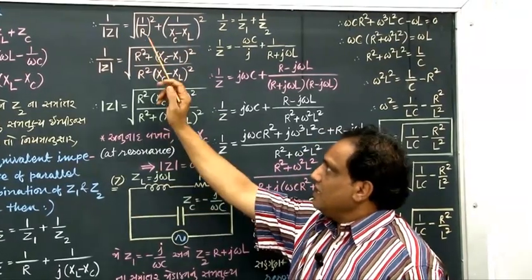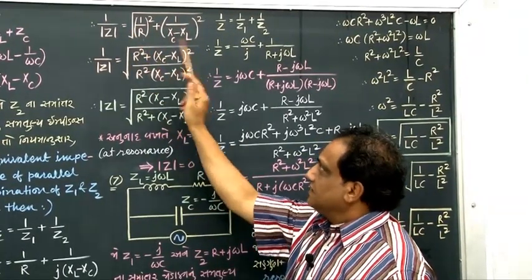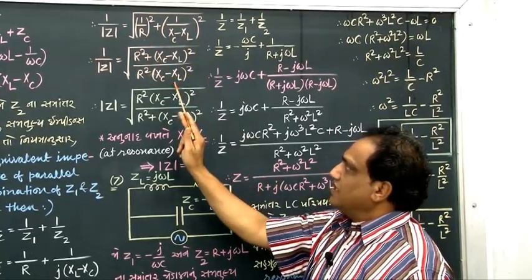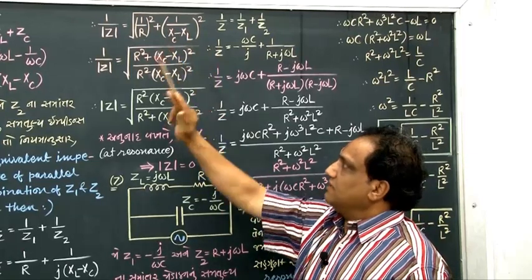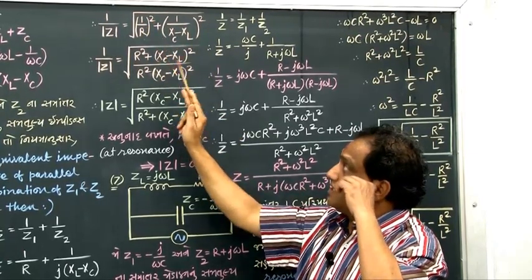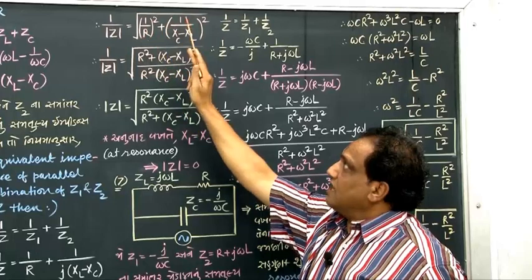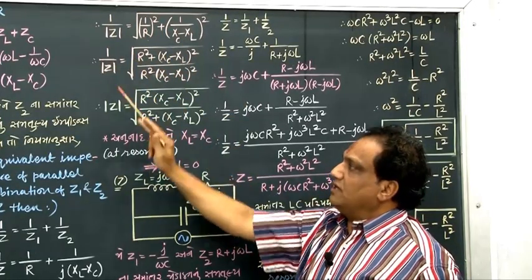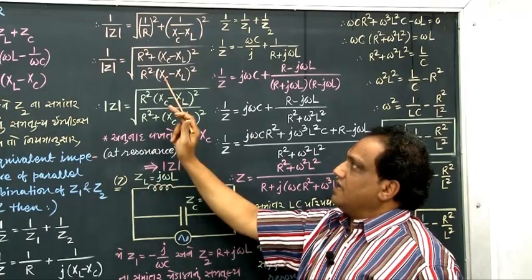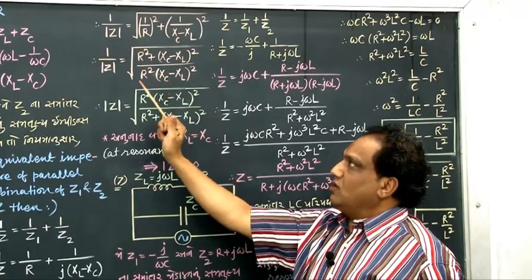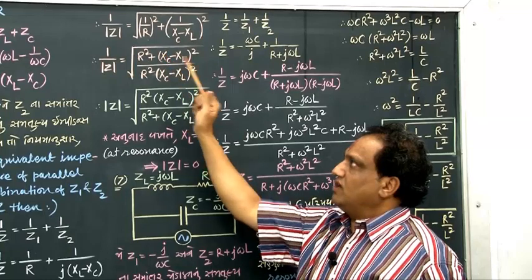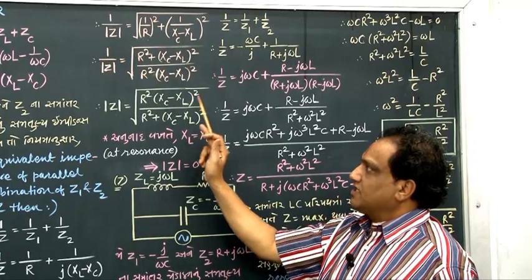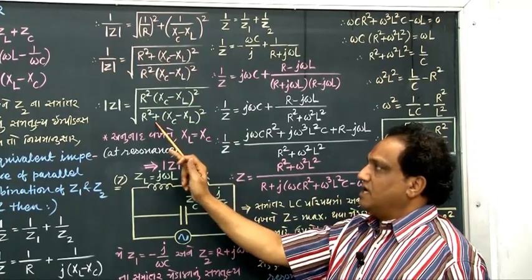Now, under root as it is, take LCM: R square into XC minus XL whole square. Multiply here by XC minus XL whole square, multiply here by R square. Now take the reciprocal. When you take the reciprocal, it will be mod Z here, and the denominator part will become numerator, and the numerator will become denominator. So it is under root of R square into XC minus XL whole square upon R square plus XC minus XL whole square.